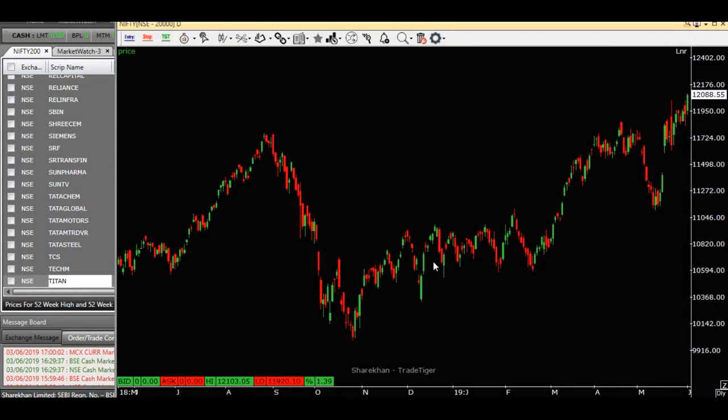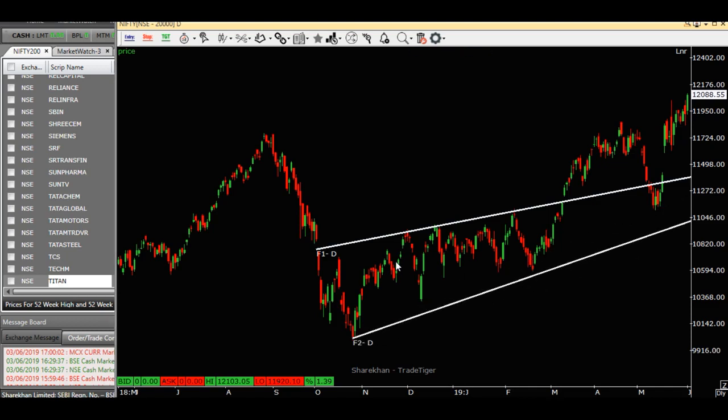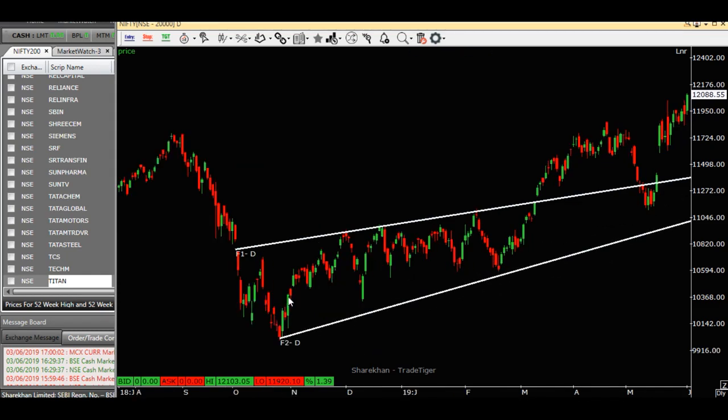Okay, so I have the chart of Nifty here, and this is the daily time frame. So very recently, we got a channel breakout in Nifty, right? This was a rising channel in Nifty, and we got the breakout right here.